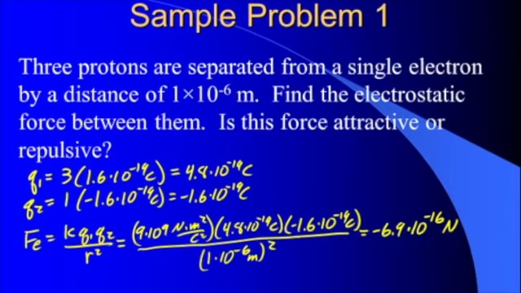Or we could use common sense, look at the magnitude from Coulomb's law, the electrostatic force, and realize since they're opposite charges, they must attract. So typically we worry more about the magnitude in going through these calculations and then determine later on whether they're attracting or repelling. Either case, 6.9 times 10 to the minus 16 newtons, and it's attractive because they are opposite charges.